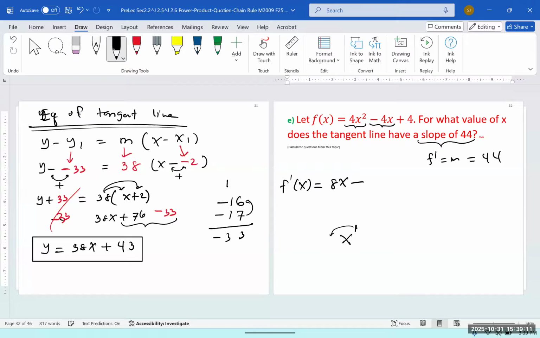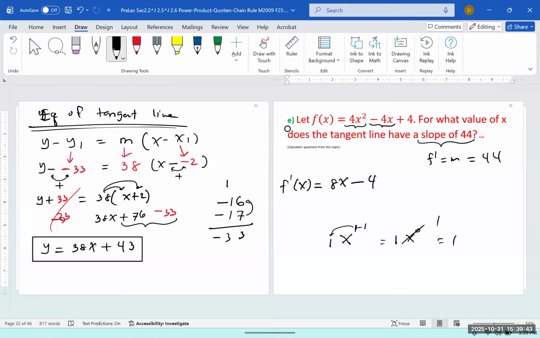You bring the 1 down and then subtract 1. So you get 1 times x to the 0. What is anything non-zero to the power 0? 1. So the derivative of x is 1. So the derivative of negative 4x is negative 4 times 1, which is negative 4.